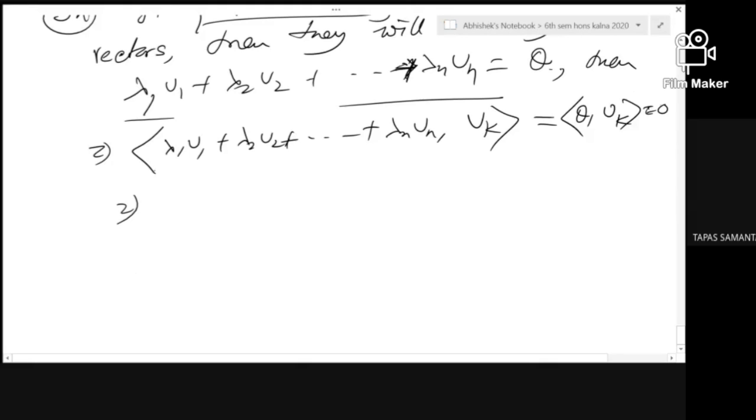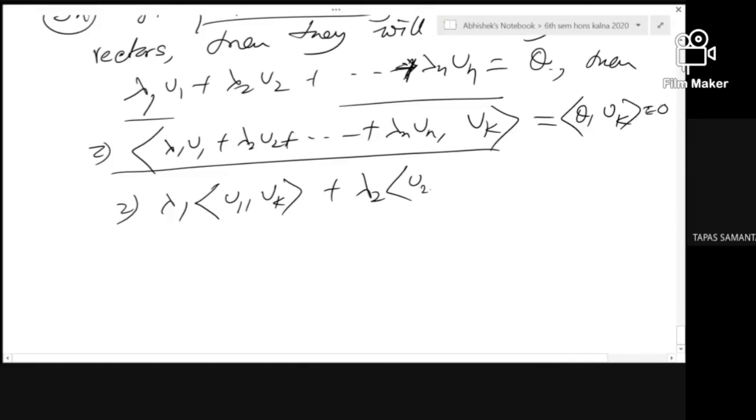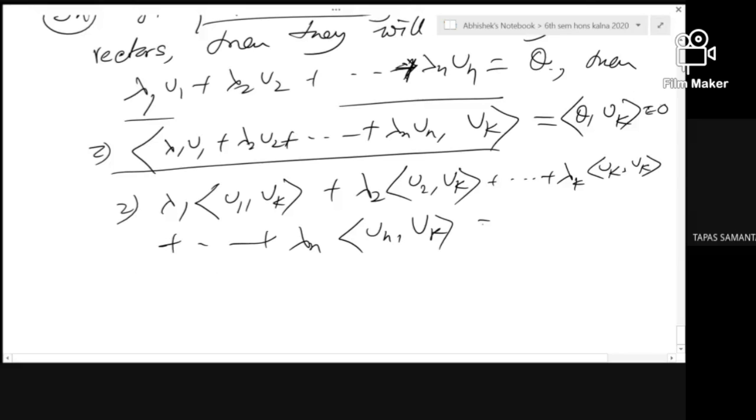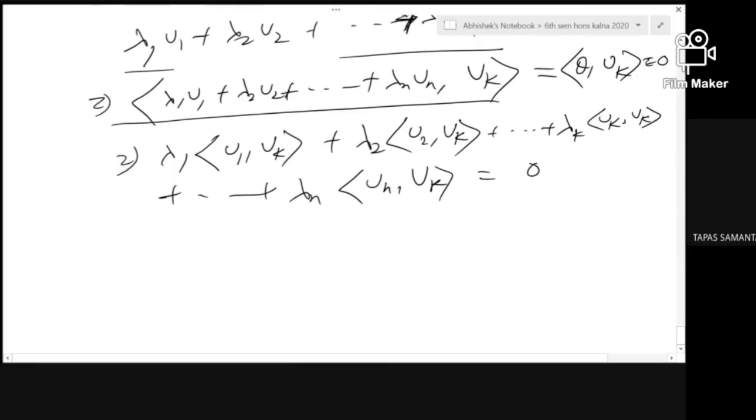Now just expand this inner product using the definition of an inner product: λ1⟨v1, vk⟩ + λ2⟨v2, vk⟩ + ... + λk⟨vk, vk⟩ + ... + λn⟨vn, vk⟩ equals 0.